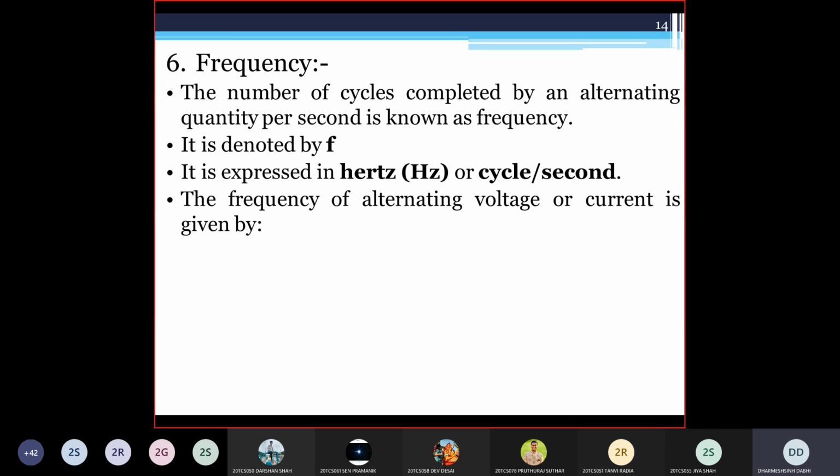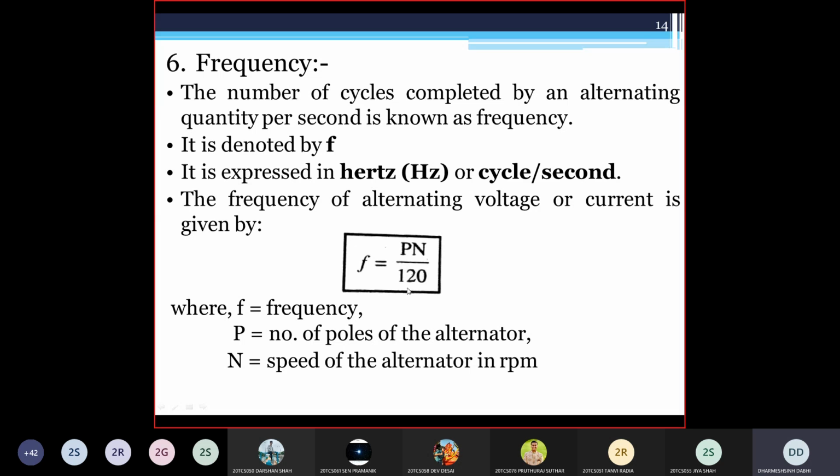Generally, in a sine wave, the frequency of alternating voltage or current in an AC motor or AC generator is measured using the equation F is equal to P into N divided by 120, where P is the number of poles of the generator and N is the speed of the alternator in RPM, revolutions per minute. Suppose the speed of the generator is 1500 RPM.